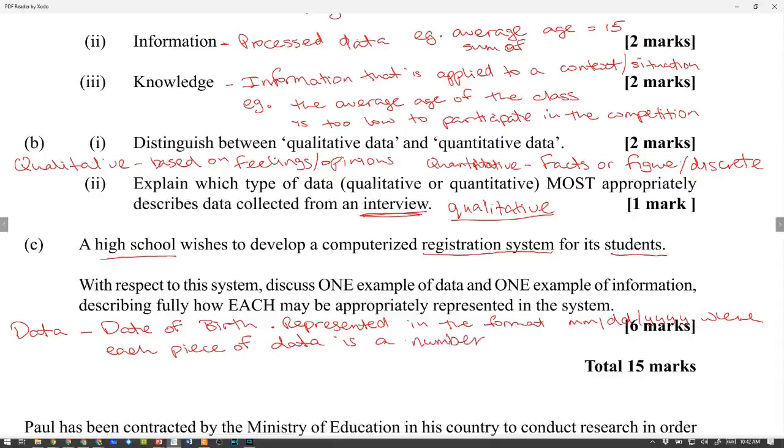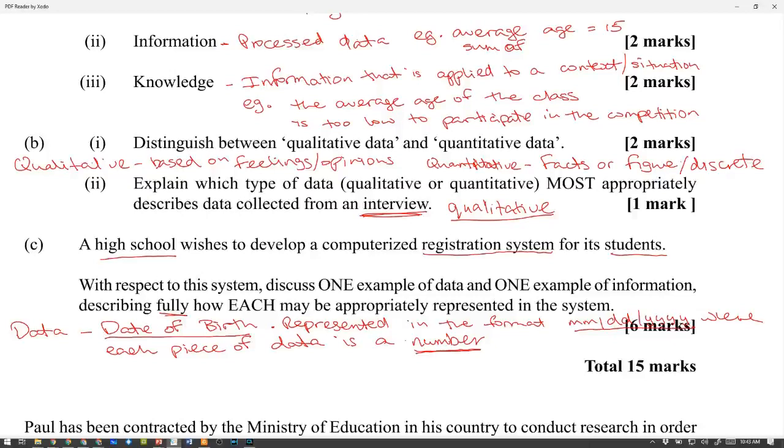So we clearly give one example of data, which is date of birth. Good. And then we want to say describing fully how it may be appropriately represented in the system. So we give the format that it should be represented in, and we also said that there should be numbers. So there's a format and then there's a data type. That's the key thing with data. You had anything different or anything that you want to check?